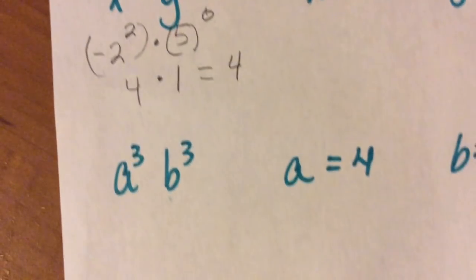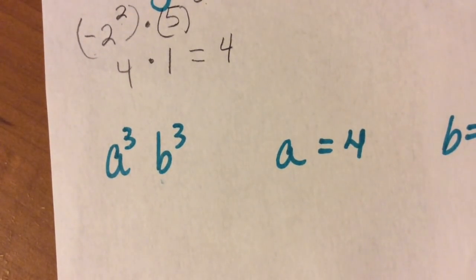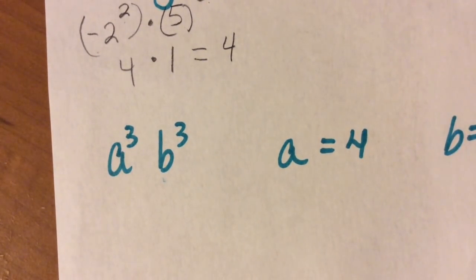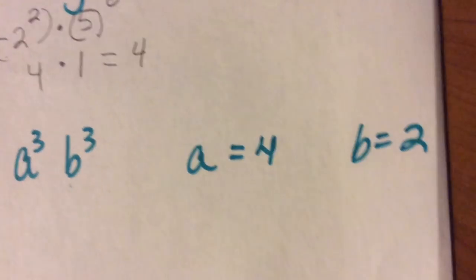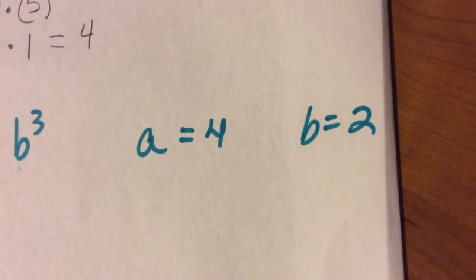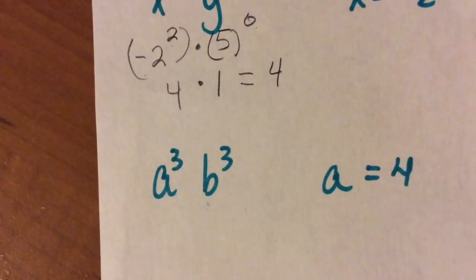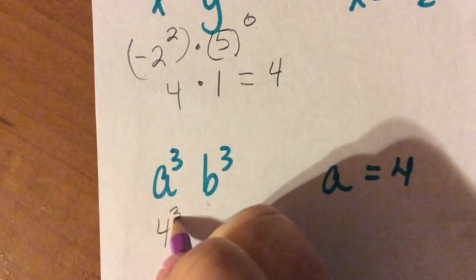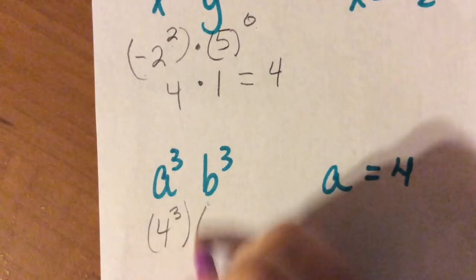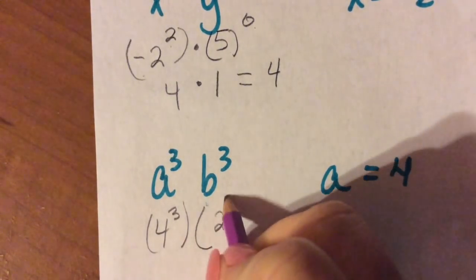Okay, let's look at another. I have a to the power of 3, b to the power of 3, cubed. Over here it tells me a is equal to 4 and b is equal to 2. So I'm going to put in 4 cubed times 2 cubed.